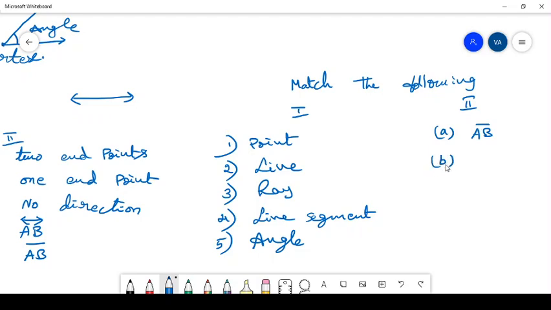That is one answer. Another one is like this. Next. వీటిని మీరు మ్యాచ్ చేయండి. ఓకే, థ్యాంక్ యూ.